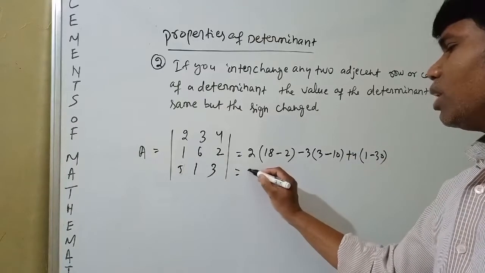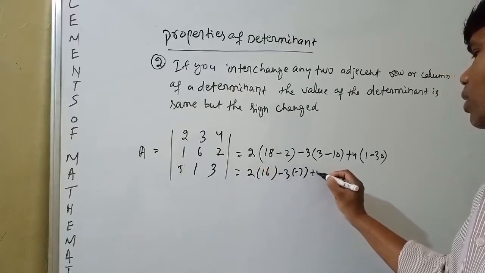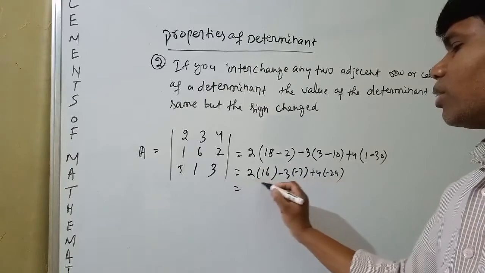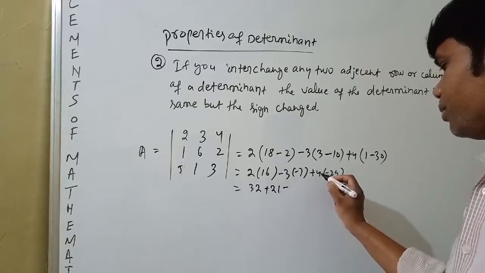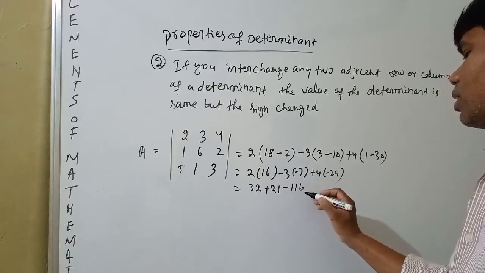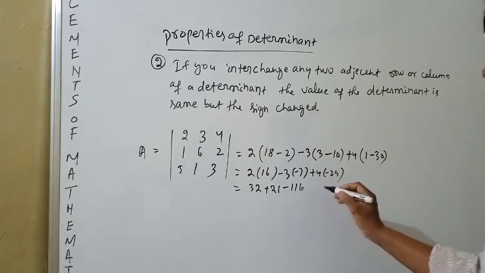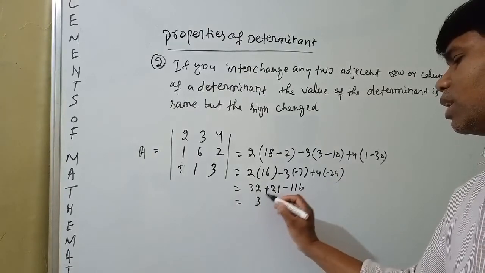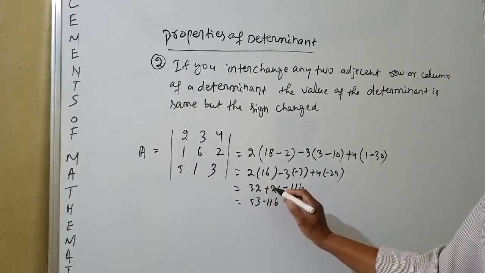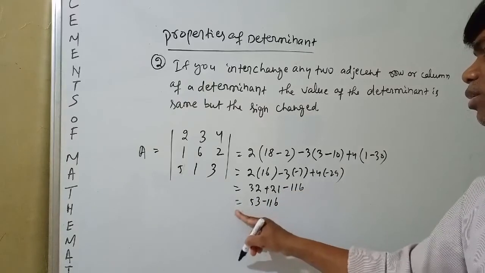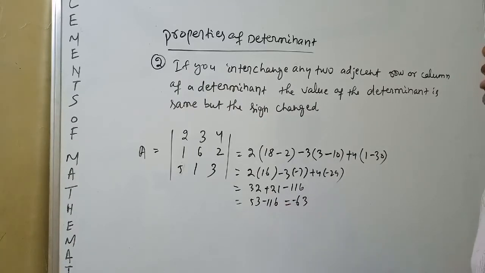How much do you get? 16, minus 7, plus 4 into minus 29, which gives 32 plus 21 minus 116, is equal to 63 minus 63.